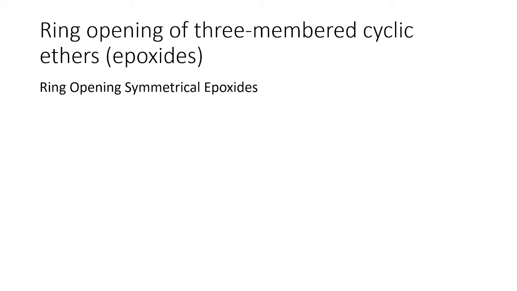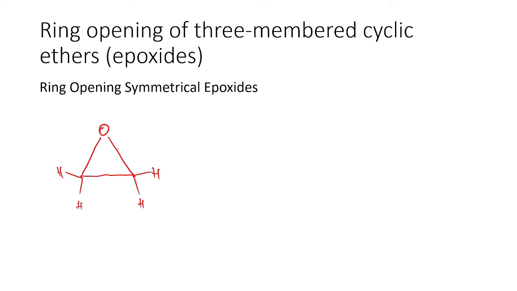Symmetrical ethers, meaning we will be having symmetrical epoxides. One of the most basic examples of symmetrical epoxides is our oxirane, which has this form wherein we have here a hydrogen and another hydrogen here. We have hydrogen here and another hydrogen here.